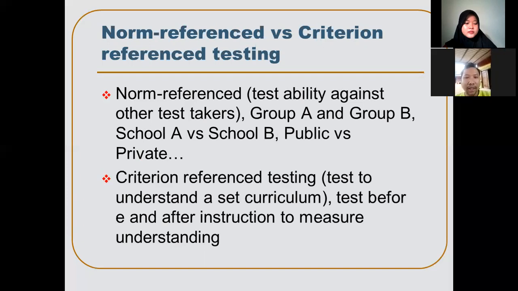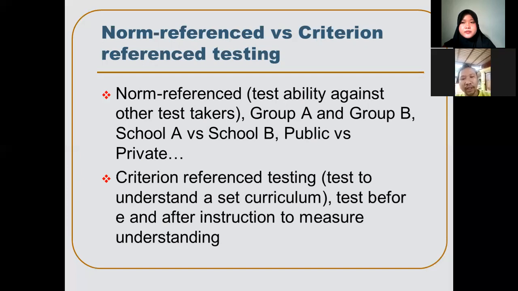For example, you teach two classes and you want to measure which group is better, so you test one group against another group, like group A and group B, or school A and school B, or a private and a public school. You have to test with that purpose.